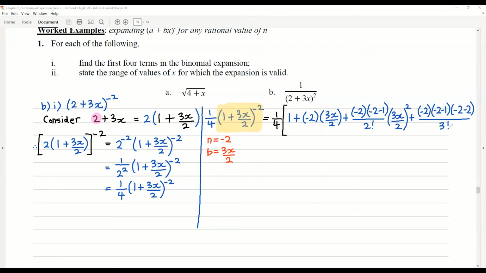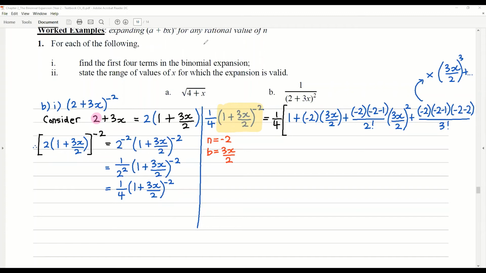And just to remind yourself, this is all going to be multiplied by, let me do it properly, so this is all going to be multiplied by, just put an arrow there, 3x over 2 cubed, plus other stuff, and then close your brackets.